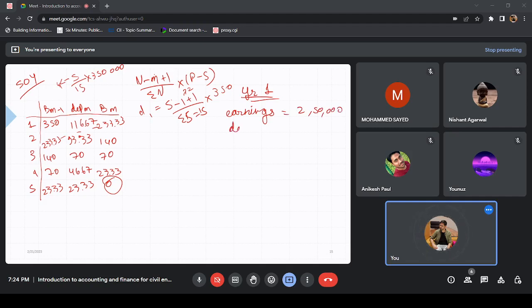Your depreciation expense is 1,16,667. So your net taxable becomes 1,33,333, and it's taxed at 50%.